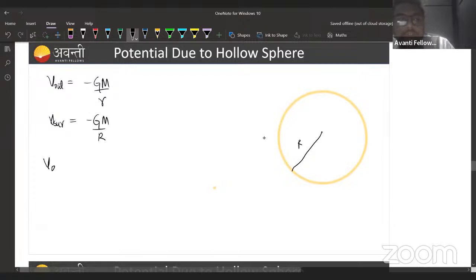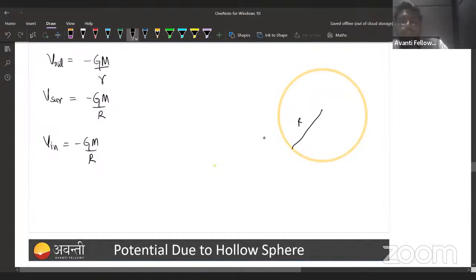V inside is a little tricky. For this case, V inside is equal to the surface one. Means V inside is equal to V on the surface. Let me write it down.